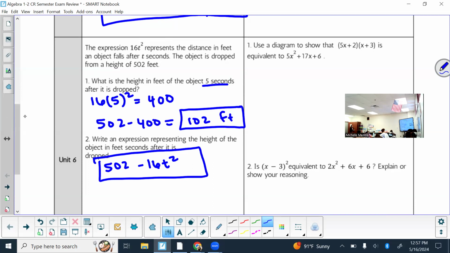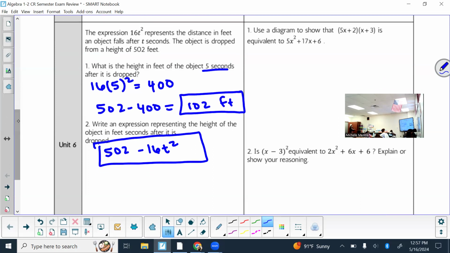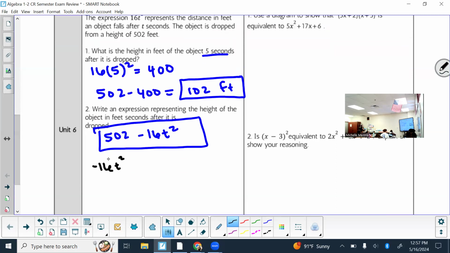But what I mentioned about if you remember this from before, it might make it easier. We talked about how any sort of projectile motion problem was negative 16t squared plus the velocity times t plus your starting height. That was our general setup for anything that's being thrown or dropped.